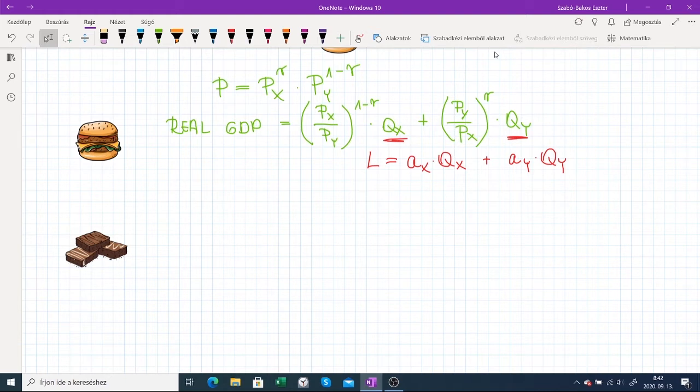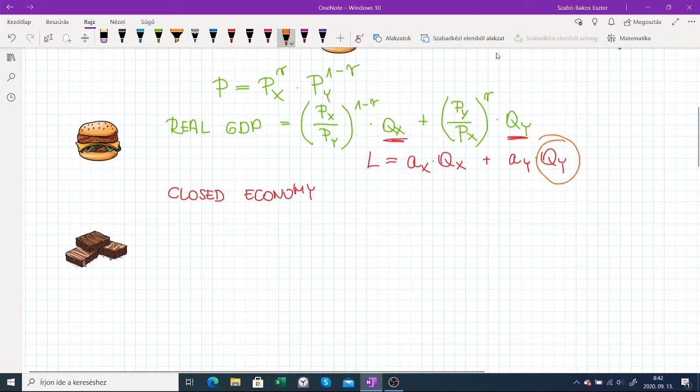So in a closed economy, we can express the qy from this production possibilities frontier function and then plug the expression for the qy into the real GDP.